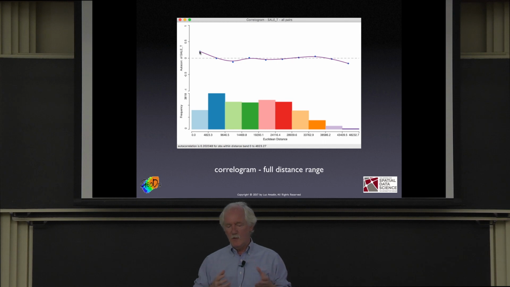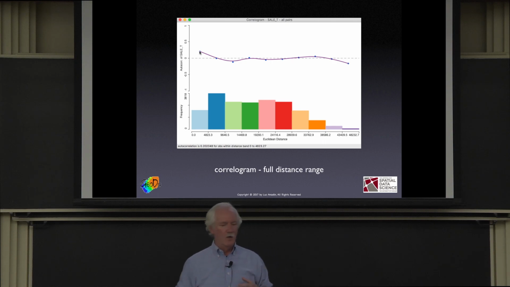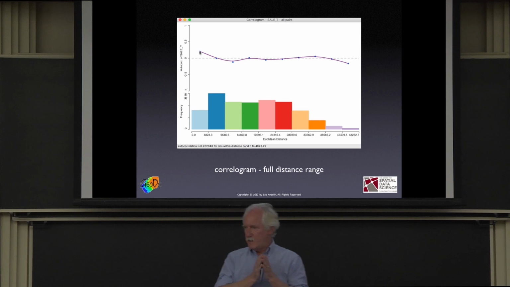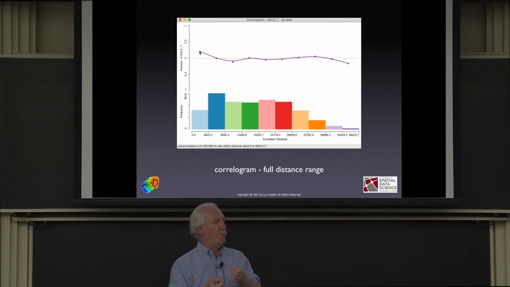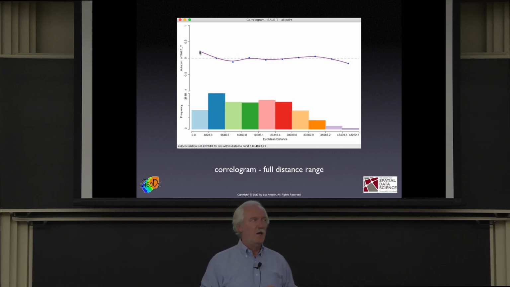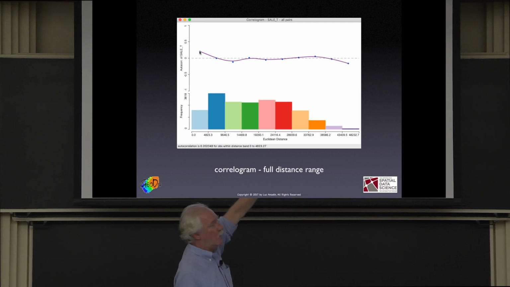So what we do in the GeoDa implementation is we bin them. And you'll see in a few minutes the counterpart of this in geostatistics. So basically, we divide the range and then put all the pairs that are within that bin, and then compute the spatial correlation for them, and then fit a local regression curve through these points.